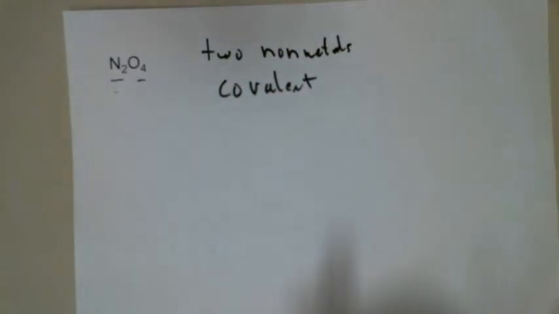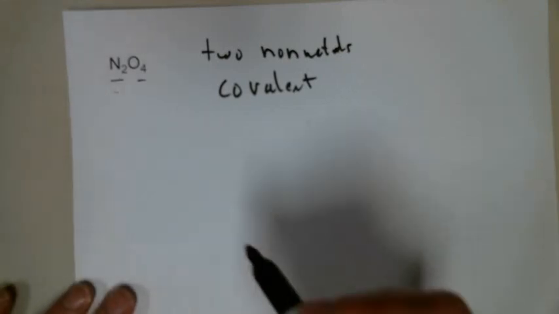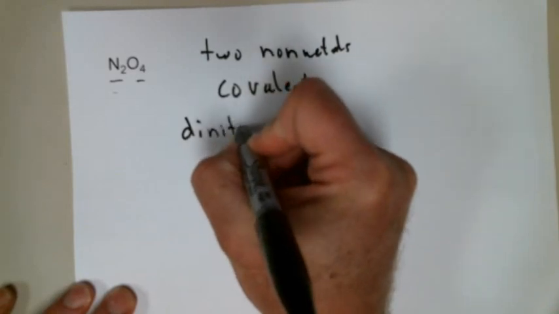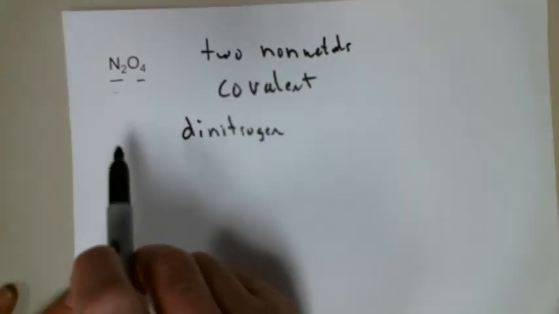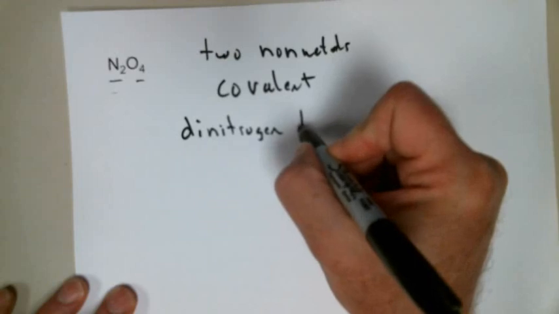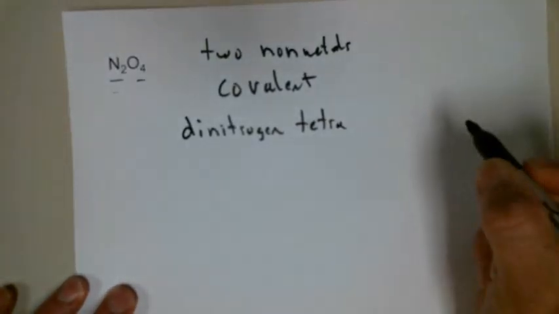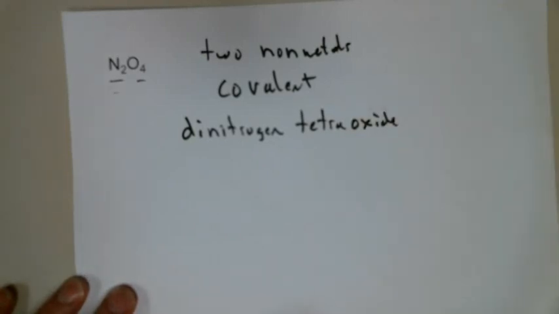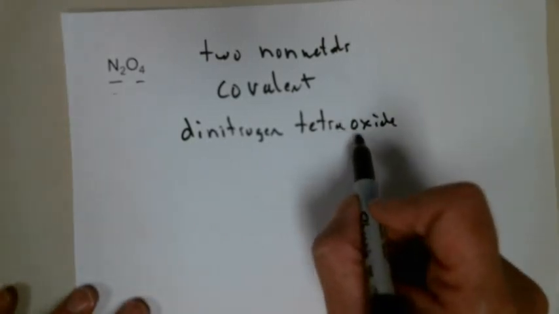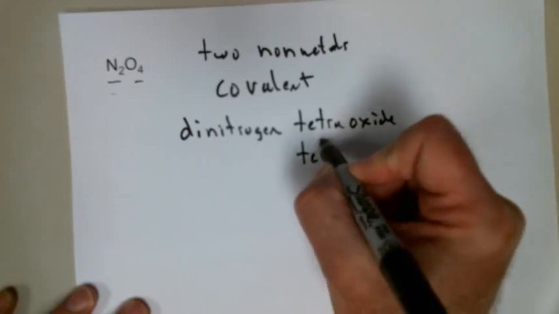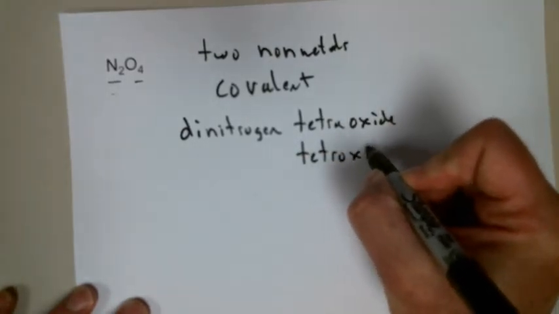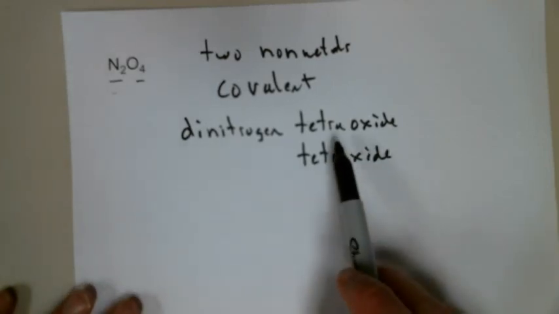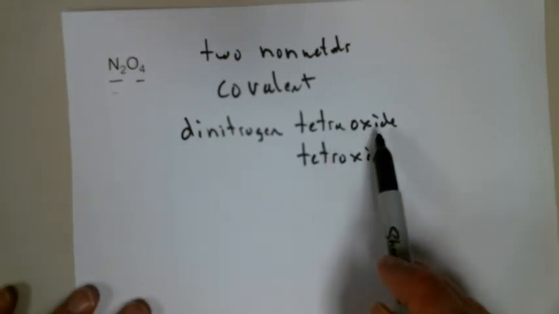And the prefix for 2 is di, so we're going to have dinitrogen. And then 4 is tetra, so we would think it's tetraoxide. But for some of these, when there's 2 vowels together, they will get rid of the vowel and just go tetroxide. And then other ones, they'll go tetraoxide.